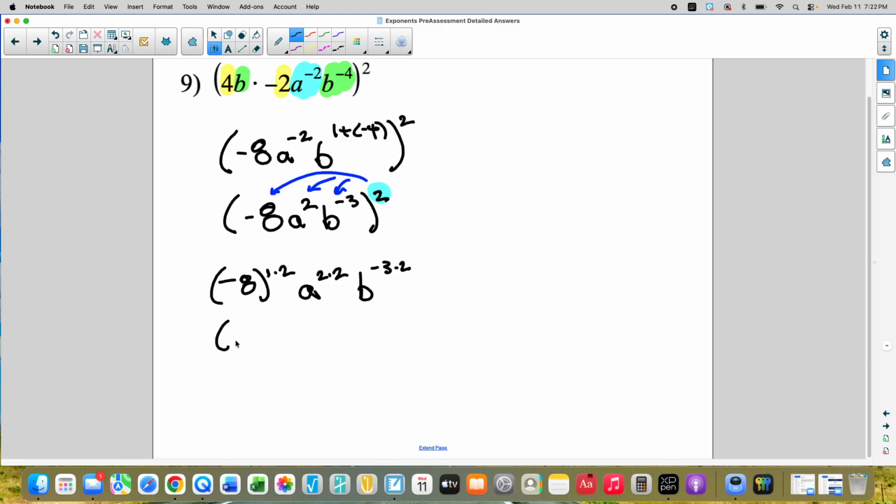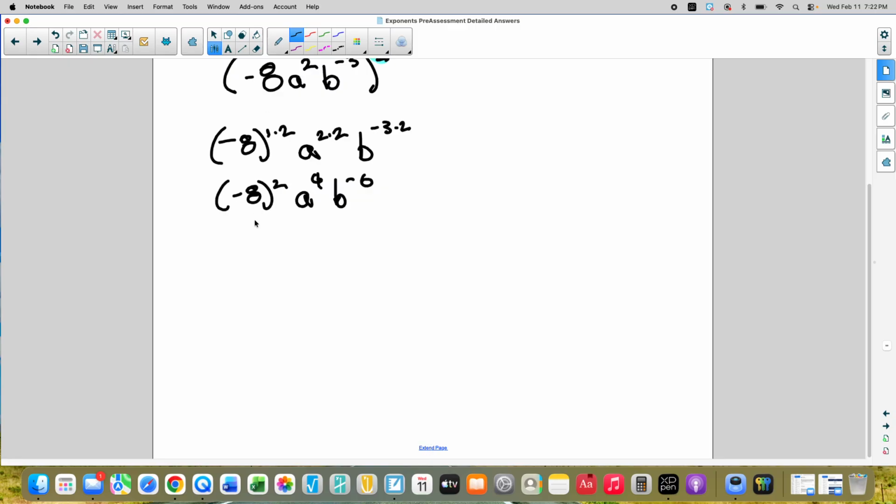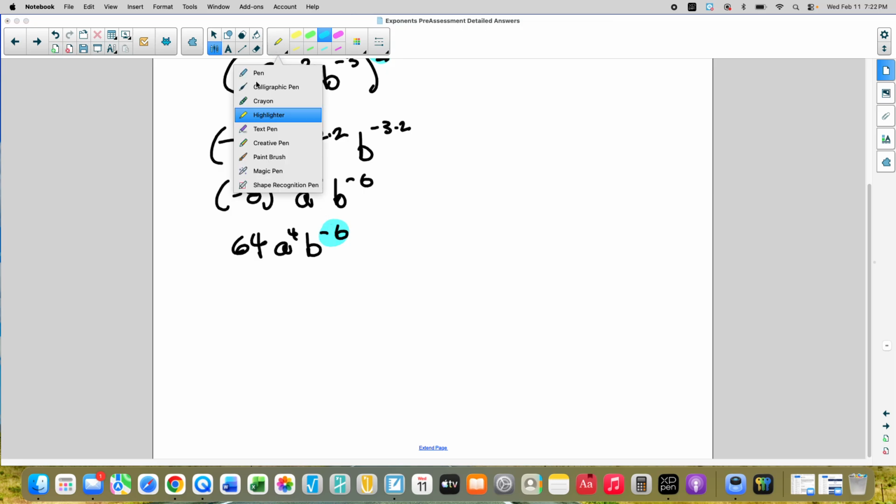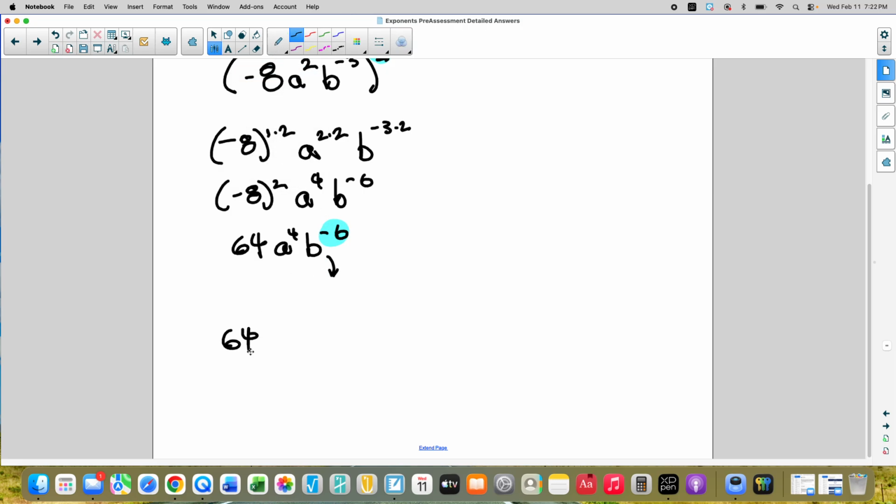Negative 8 squared, a to the 4th, b to the negative 6th. Negative 8 squared is 64. A to the 4th, b to the negative 6. I'm going to deal with that negative exponent by moving it down, giving me 64, a to the 4th, b to the 6th. That wasn't too bad.